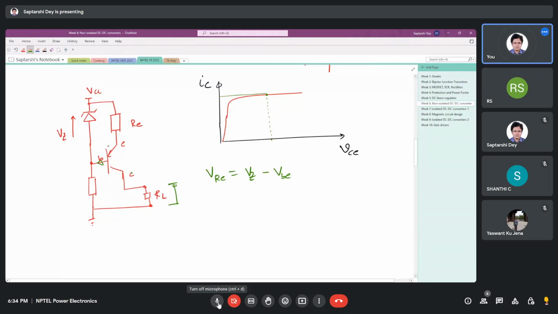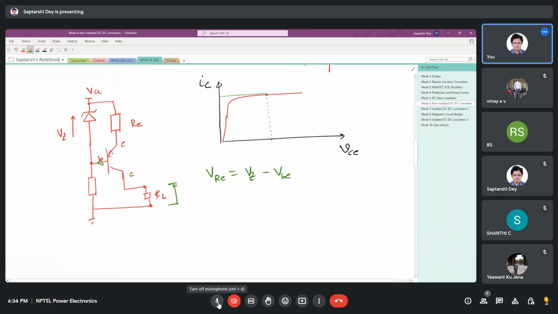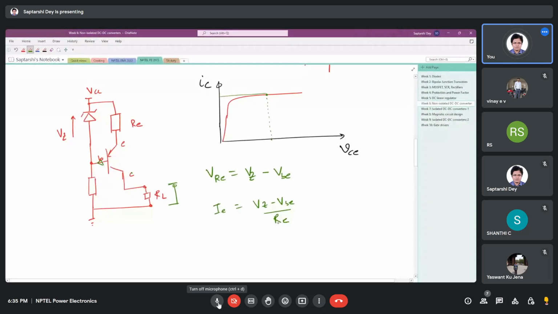Wait, the current IE is Vz minus VBE. What is the emitter current IE? It is Vz minus VBE by RE.